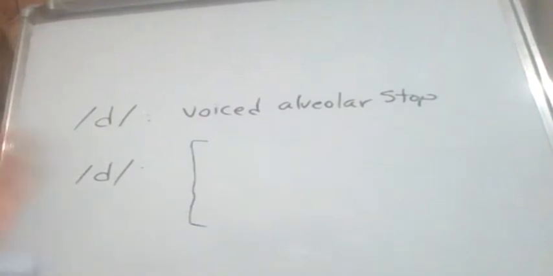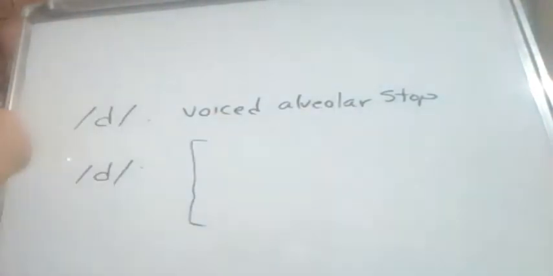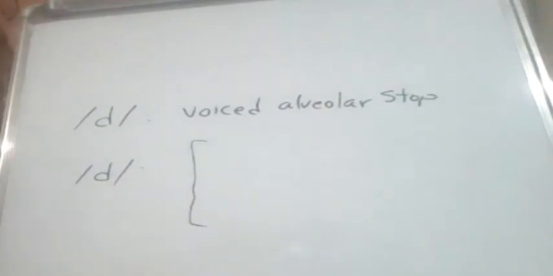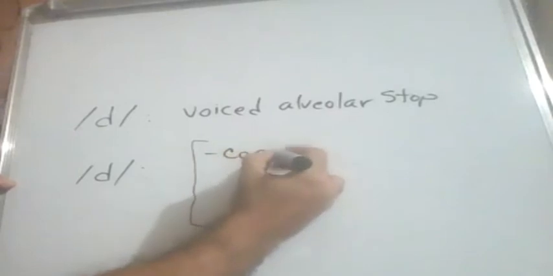So it is up to you. Let's take it from the back towards the front. So the first feature is stop. If you go to the list, obviously you don't have it yet because it is in the presentation, but I will give you that list later. If you go to the list, you will see that stop is minus continuant. That's the first, right?